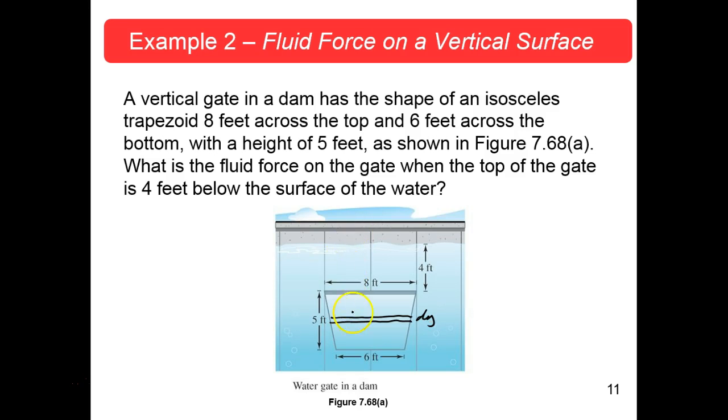Now, for that strip, the depth from the surface of the water to there is going to be your h of y. Okay? Now, y is going to vary from 4 to 9, right? Because you're dealing with a dy. The top of that gate is at 4 feet, and the bottom of the gate is another 5 feet down. So you're varying from 4 to 9.